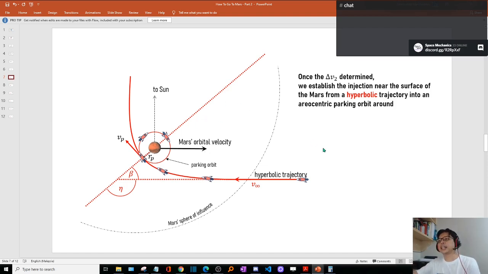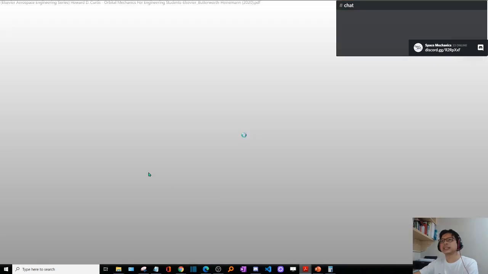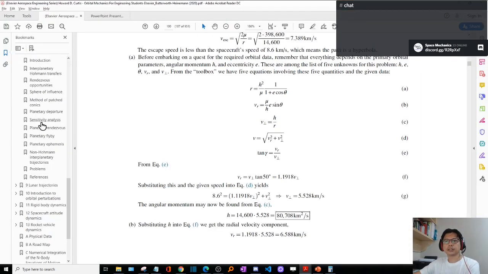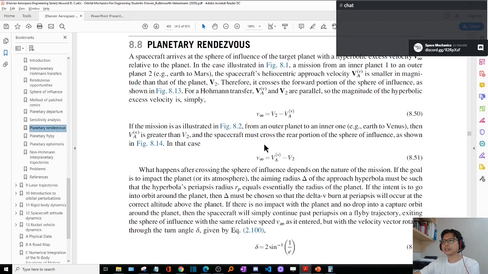We say that the spacecraft is coming in from the front side of the sphere of influence. So this is how I draw it. I think Curtis' book also explains that, if I can find it.